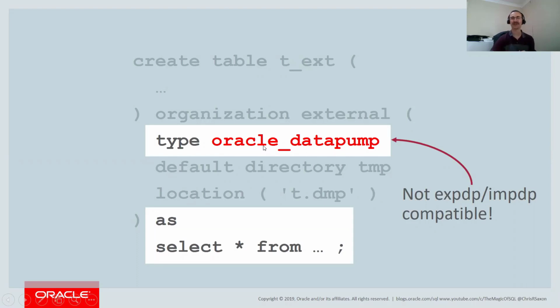No. Similarly, if you've used expdp to create a whole bunch of dump files for various reasons, you can't then read them using external tables, which is a shame. Maybe one day we'll get there. I'm not aware of plans to resolve this, but it's worth being aware of.